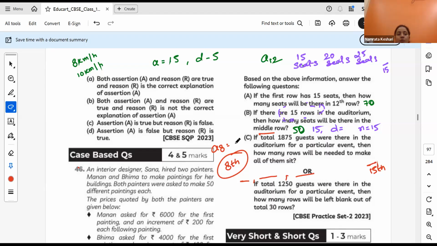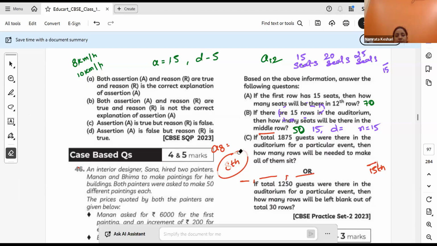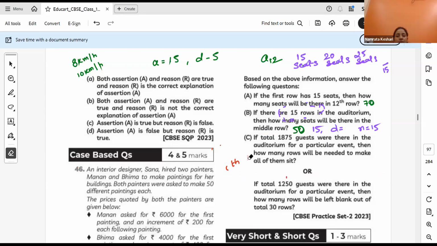Let me think how to explain it. The capacity of the auditorium was for 2000 people, right? It was written over there, right, Ritvika? Yes ma'am, 2000.